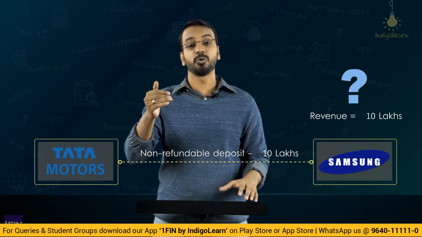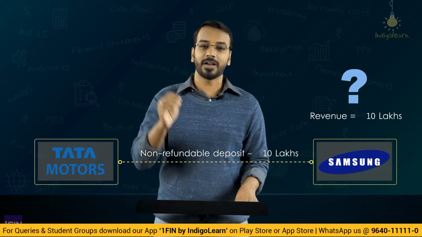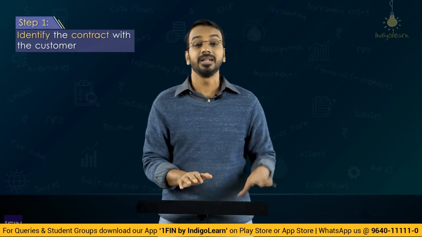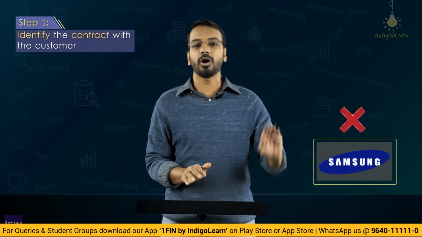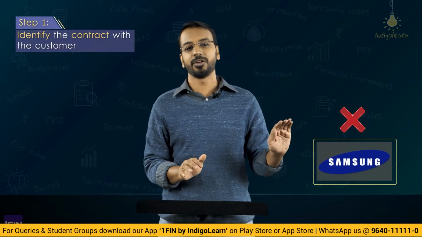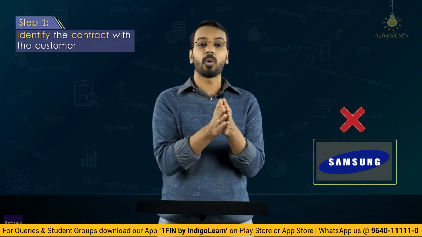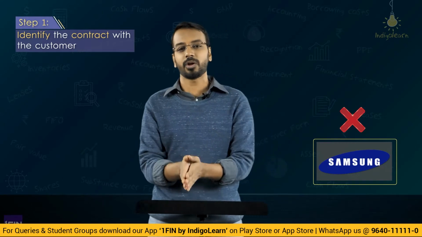Now for this we need to look at the 5-step model. Under the 5-step model, the first step is identification of the contract, and because the payment terms have not been finalized, the contract is not covered under Ind AS 115, and Samsung cannot recognize revenue. Samsung India cannot recognize revenue till the time step 1 is completed. And when will step 1 be completed?